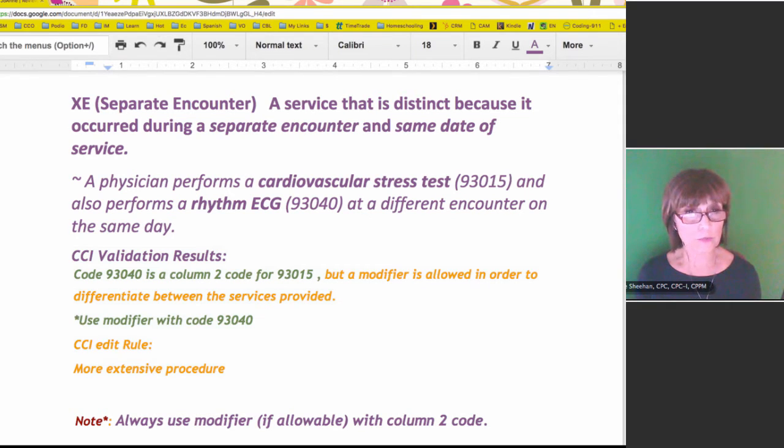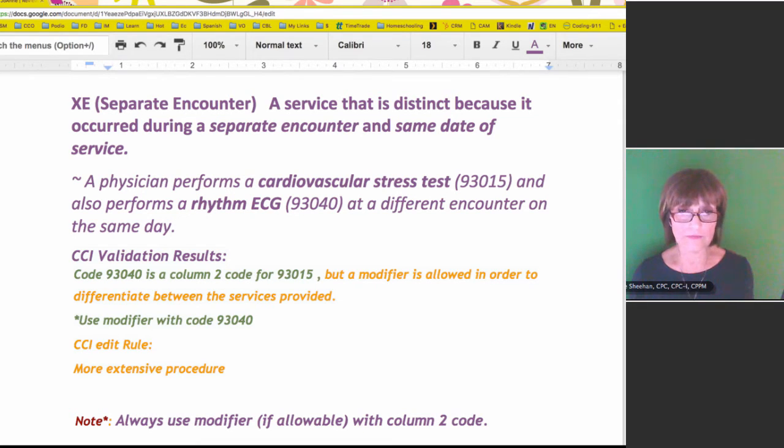What came forward was the CCI validation saying that the code 93040, which is the ECG, is a column 2 code for 93015. So if it was appropriate, you could add a modifier to code 93040. With Supercoder, it will tell you with an asterisk, you would attach the modifier X to the 93040.